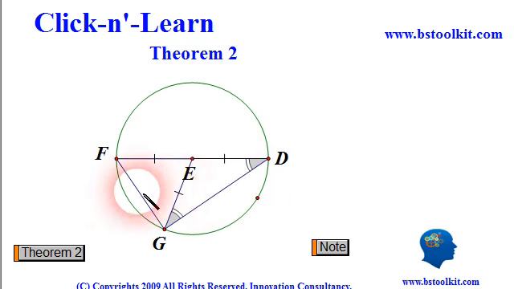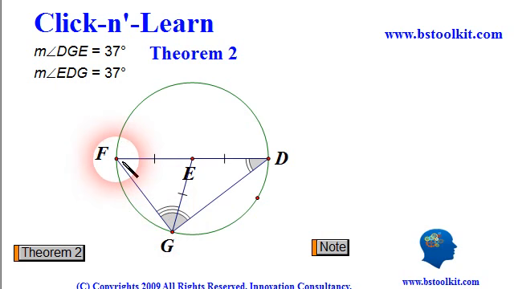Now let's measure this angle here, and this angle here. This angle here would be equal to this angle here because EFG is also an isosceles triangle, because EF is equal to EG.